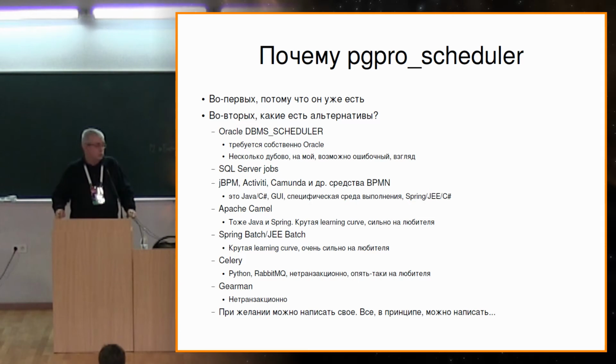But still, they are not very popular. We have Oracle Scheduler. It is good, but it is too complicated, I think. And there is Oracle. If you want to use it, you need to have Oracle. It's quite reliable, but it's rather complicated.